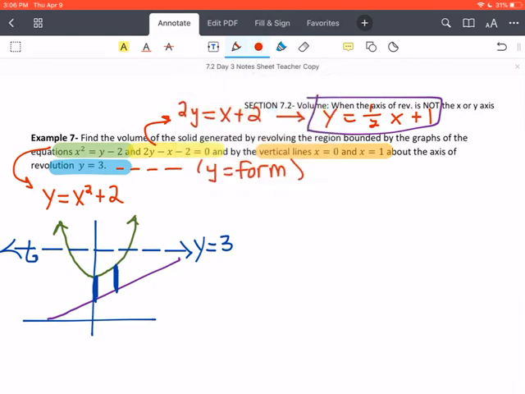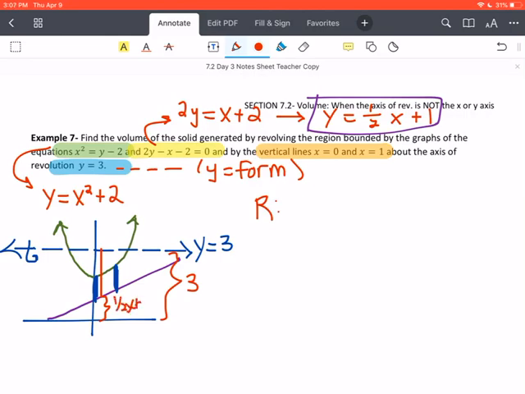Okay, so let's look at our big R first. Our big R is drawn from the axis of revolution to the further away function. So I'm thinking about what is the length of this. Okay, well, I know the length of this entire segment here is 3, and I know the length of this is defined by 1/2 x plus 1.